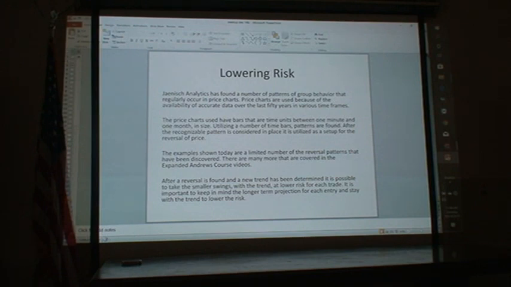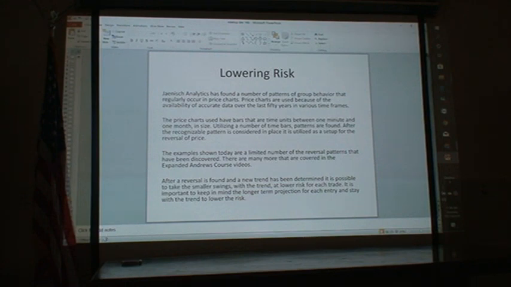The examples shown today are a limited number of the reversal patterns that have been discovered. There are many more that are covered in expanded course videos. After a reversal is found, a new trend has been determined. It is possible to take the smaller swings with the trend at lower risk on each trade.